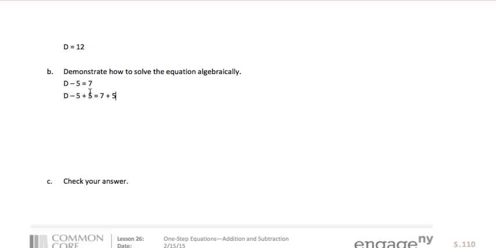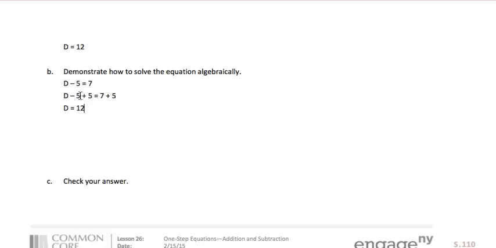because if we add it on both sides, it's still balanced. And minus 5 plus 5 is going to leave us with D. So D is equal to 12. Remember, minus 5 plus 5 was 0, and that was way back in the early part of our module.